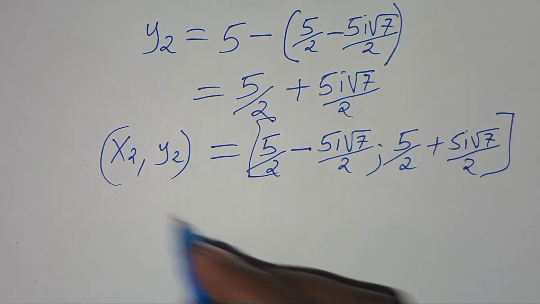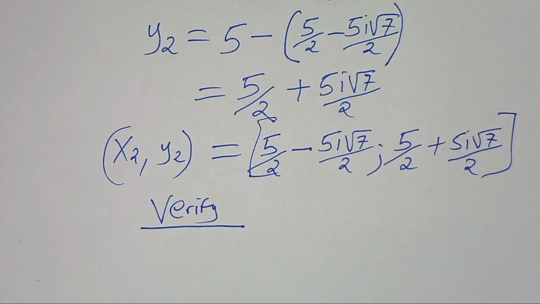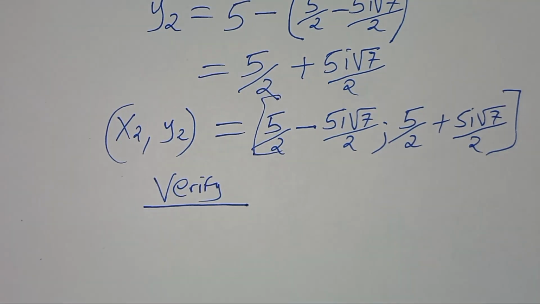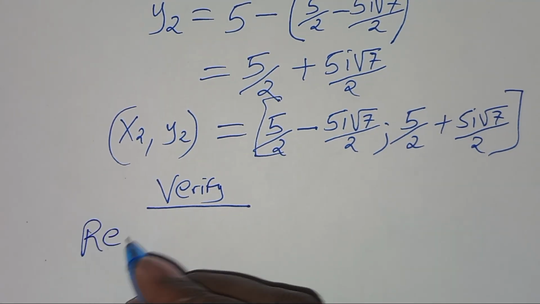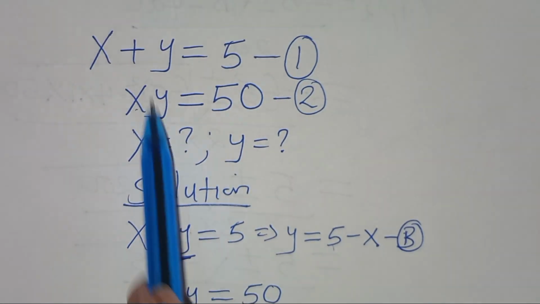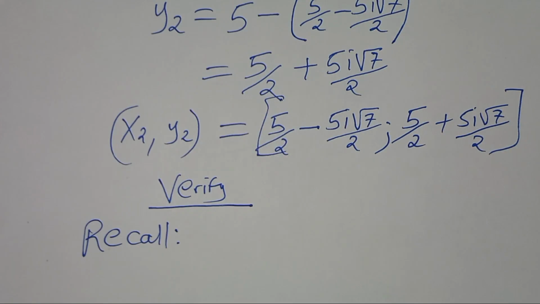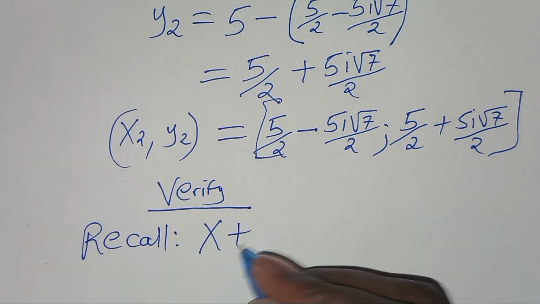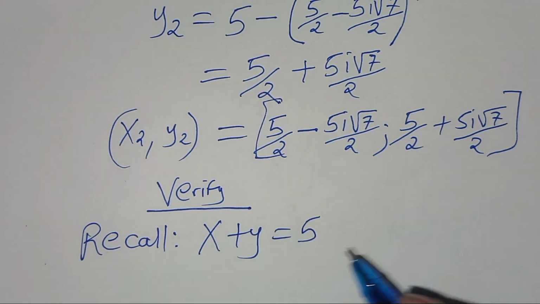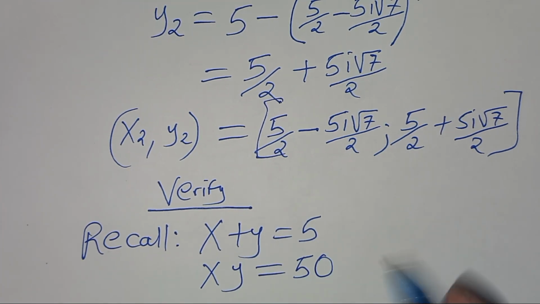So let's verify here. Now, if you recall here, we end at x plus y is equal to 5 and x times y is equal to 50. So you have x plus y, this is equal to 5, and you have x times y, this is equal to 50.